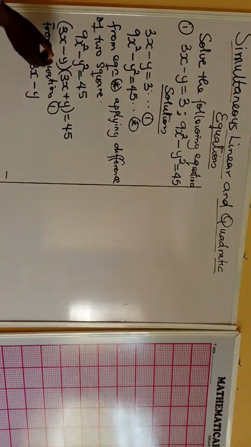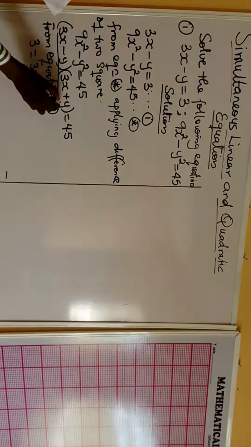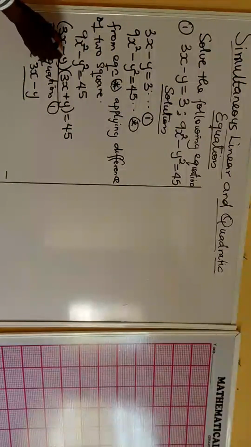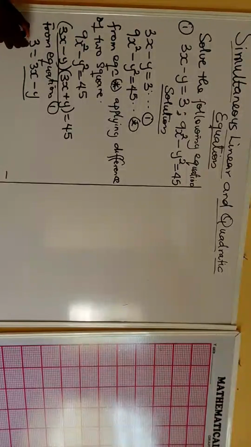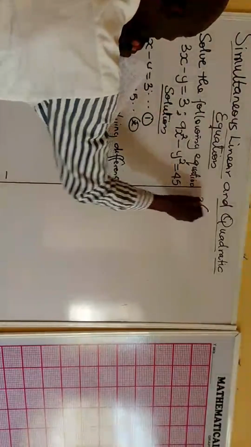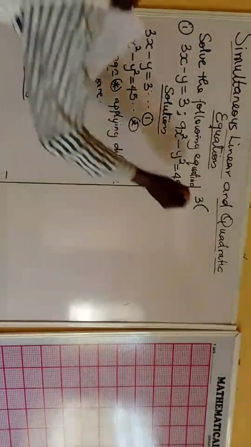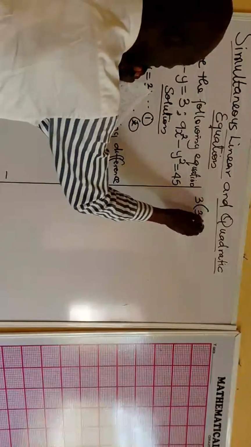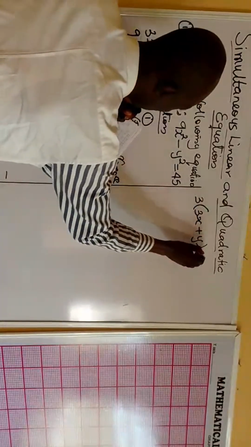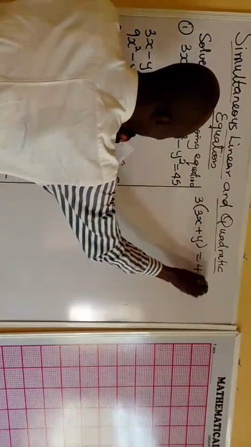When you look at this equation, we have 3x minus y in this place, so I will remove it and put 3, which simply means 3 times (3x plus y) is equal to 45.